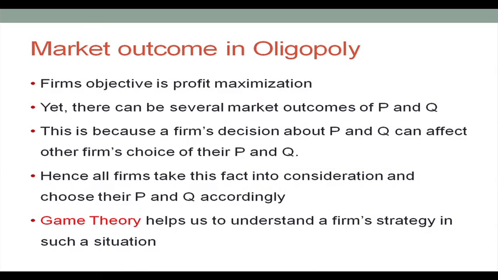So, taking into consideration all the series of moves that are possible from your rivals, eventually you make your strategy on how to start your game, or what your moves should be. So in the case of oligopoly also, the decision making process becomes very similar to a game, and we are going to use game theory to understand a firm's strategy in such a situation. So, we are going to do game theory later.